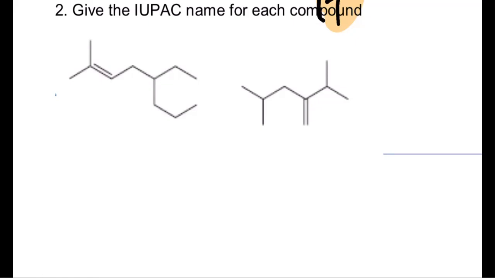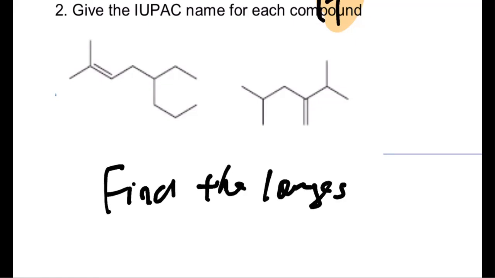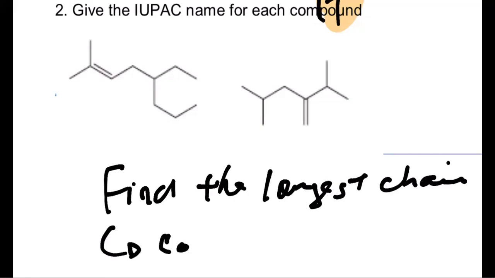So the first thing you want to do here is to find the longest chain. Right? And that's fine, but then sometimes you have other functional groups that are present. So you have to find the longest chain that contains whatever your functional group is that you are thinking about, right?